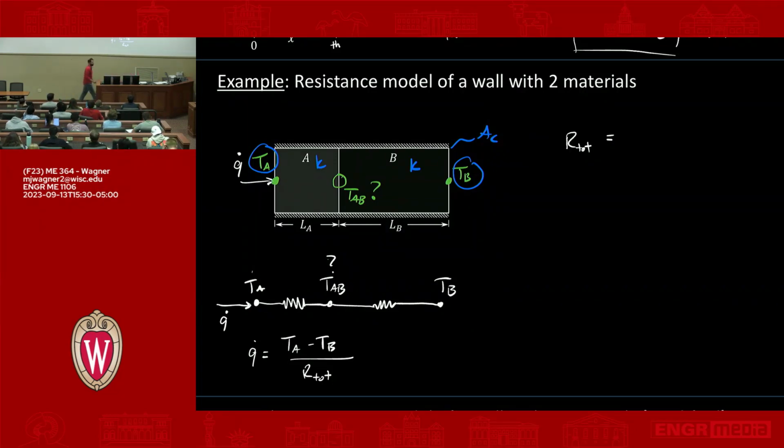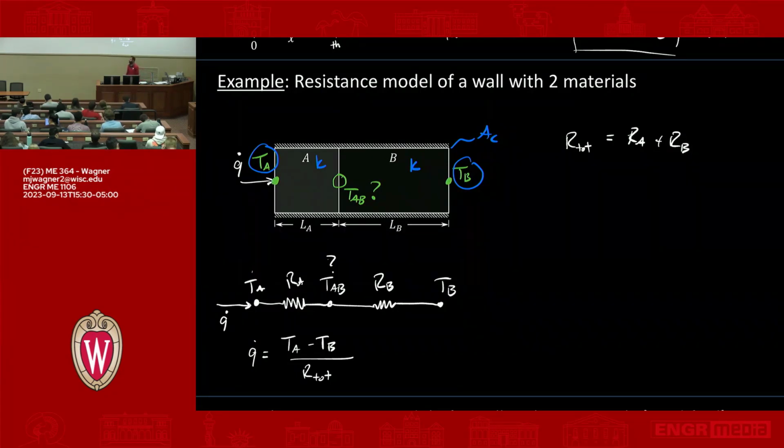How would I write that? Let's call this RA, and let's call this RB. Any ideas how we write that? I'll give you a hint. RA plus RB, right?